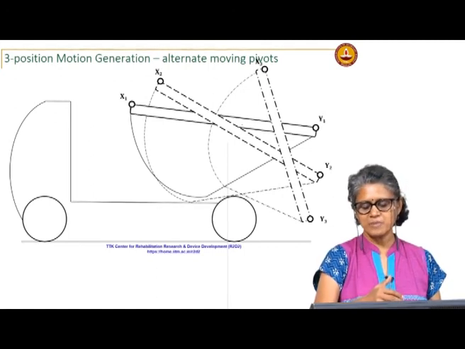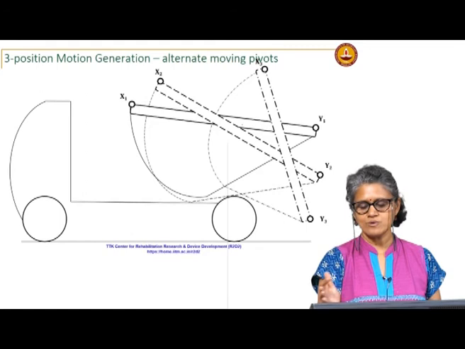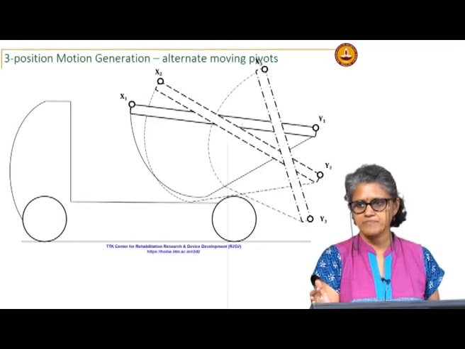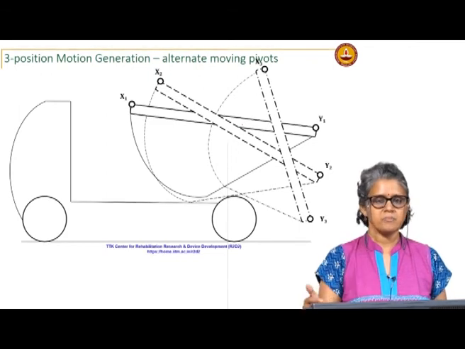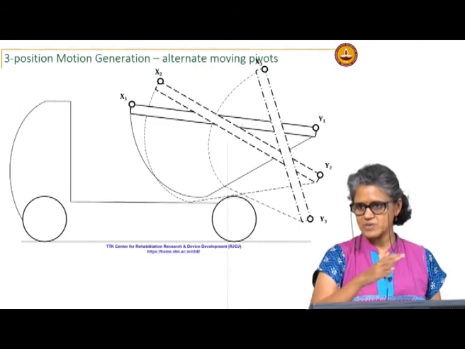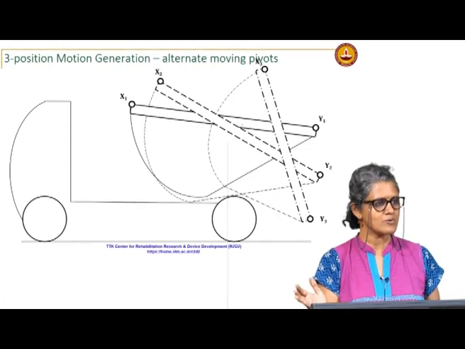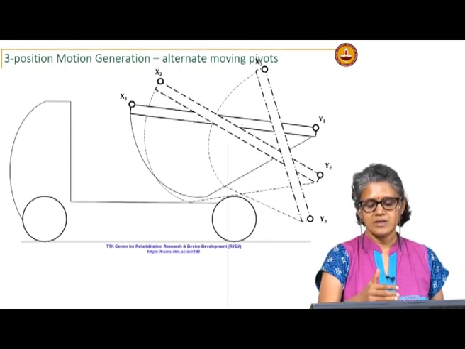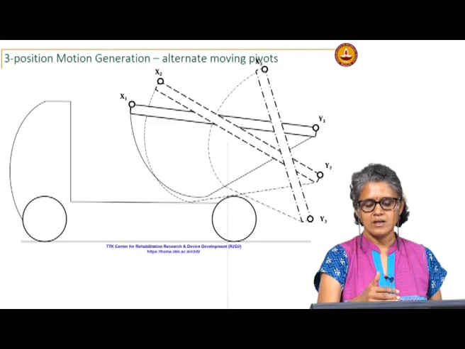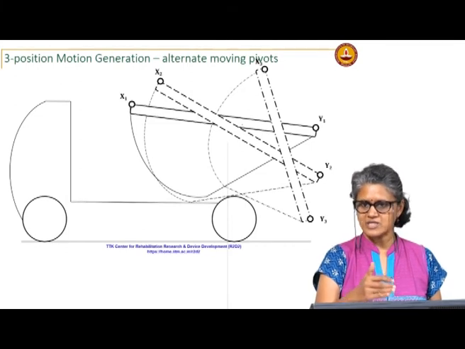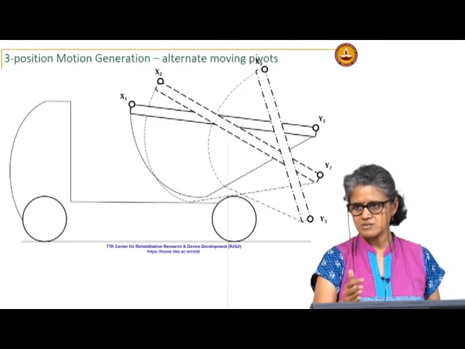It has to move from x1 y1 to x2 y2 to x3 y3. I may or may not need to specify x2 y2, it just depends, but I may want it to move gradually, so I may want it to hit that position.